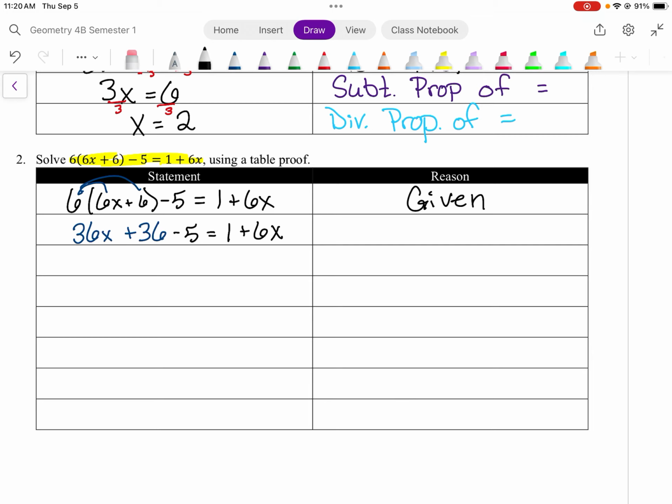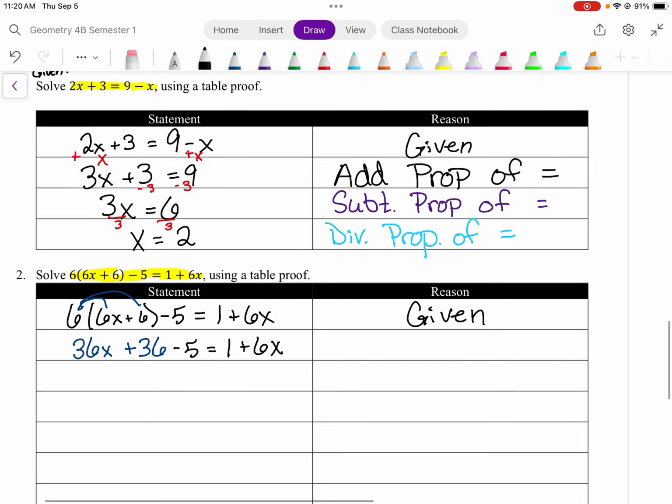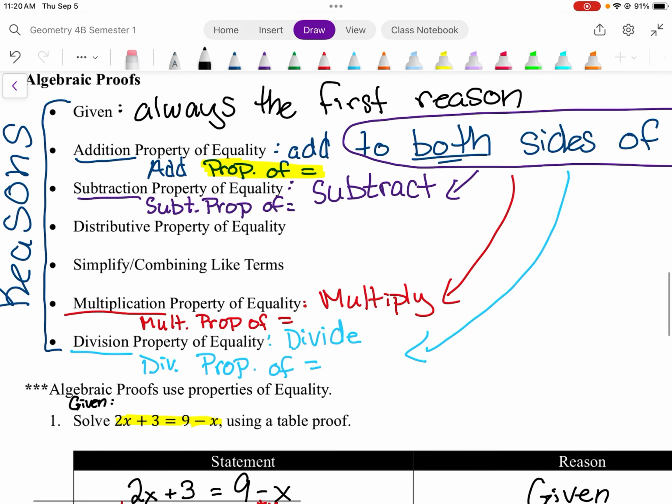Now, we did multiply, but we did not multiply both sides of the equation. So we cannot use the multiplication property of equality. What we're going to use instead is just the distributive property of equality. So this one you are going to use when you distribute, and you usually distribute to get rid of parentheses.